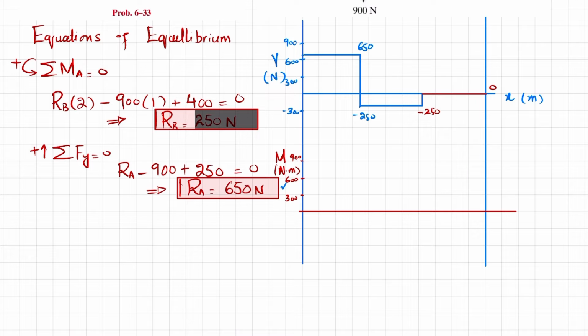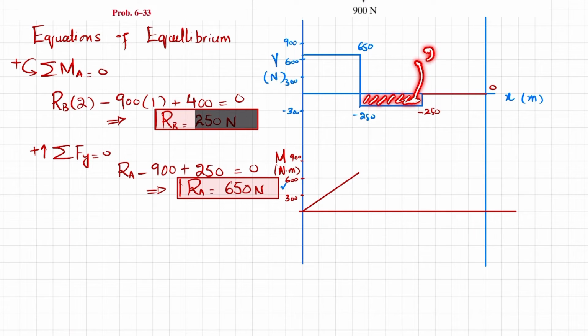Again, in this region you can see the shear force is a horizontal line, so the bending moment will be a first degree line with upward slope. So this is 650, and the bending moment will be like this. Again, here this area will give you the moment.